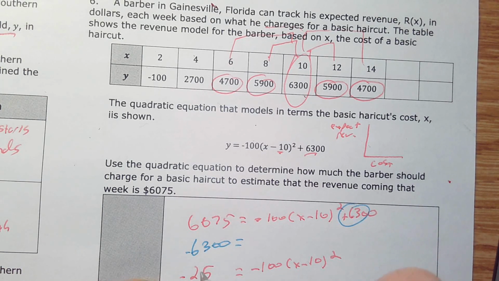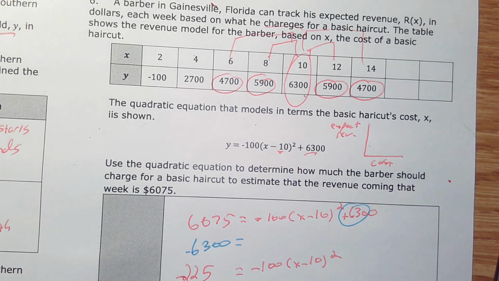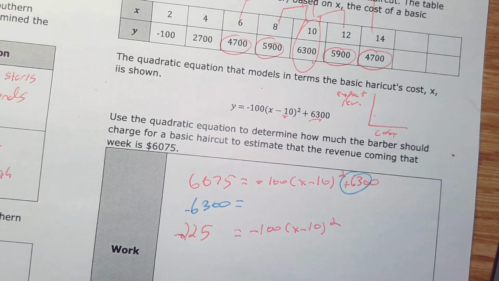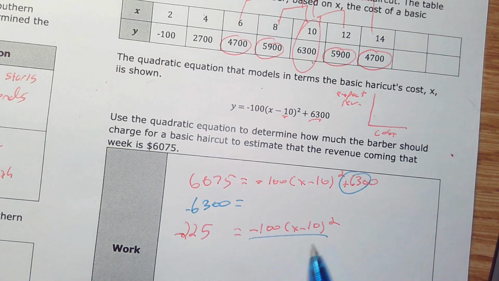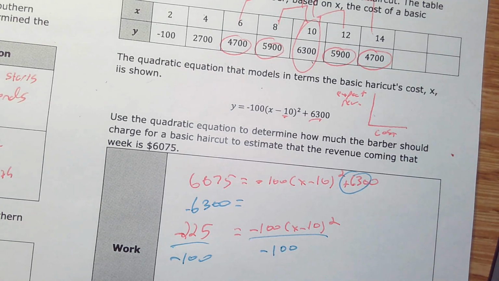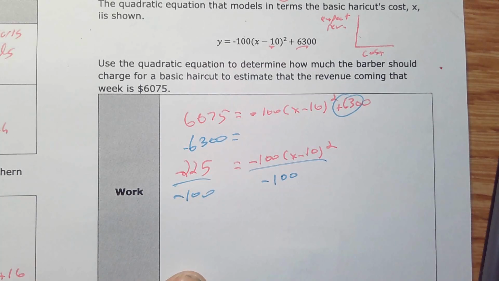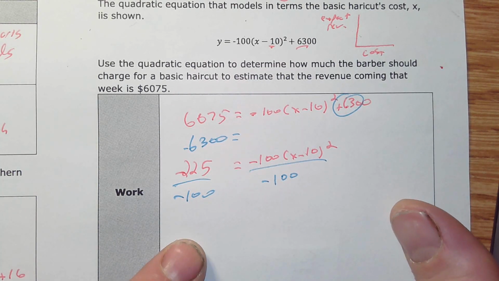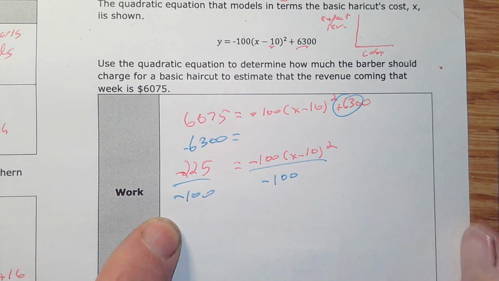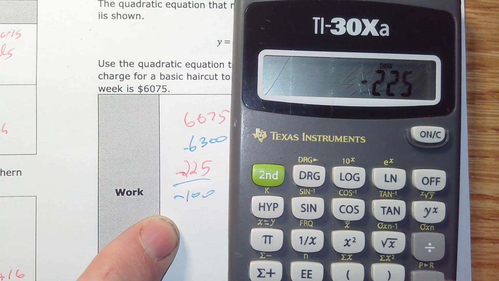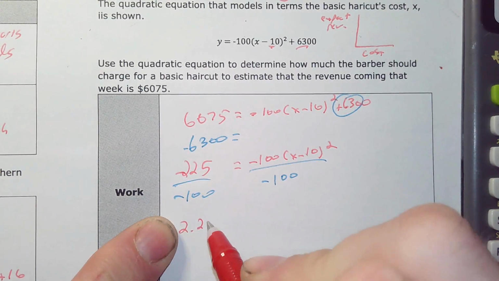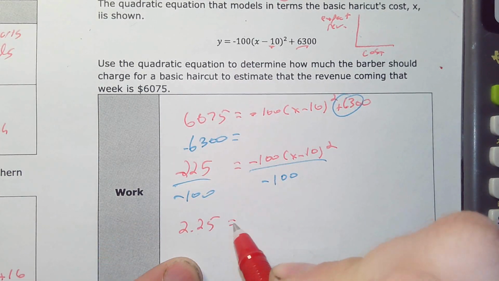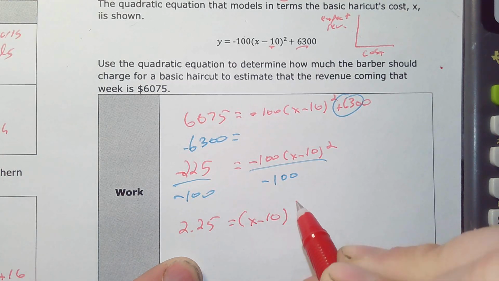Negative makes sense here because I'm going to end up dividing everything by this negative 100. Negative divided by a negative is positive, so 225 divided by 100 is 2.25 equals (x minus 10) squared.